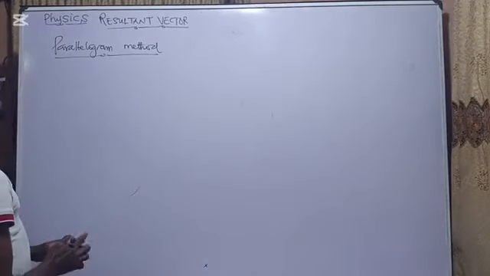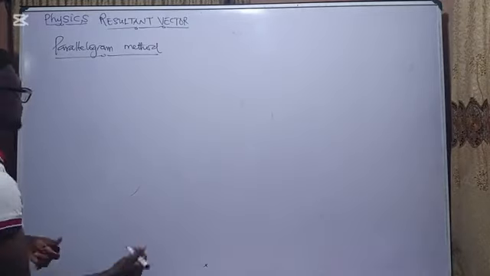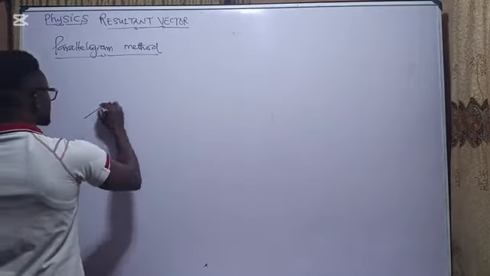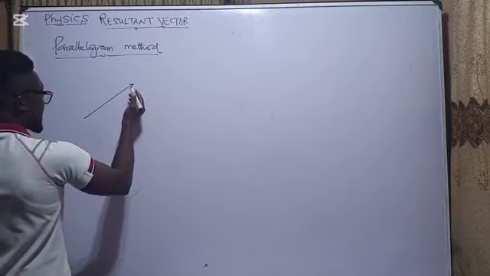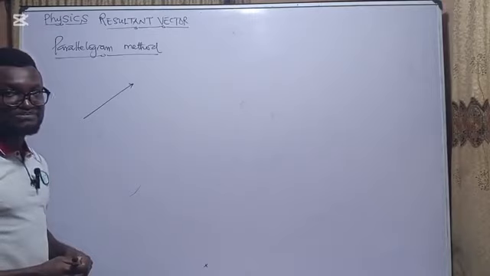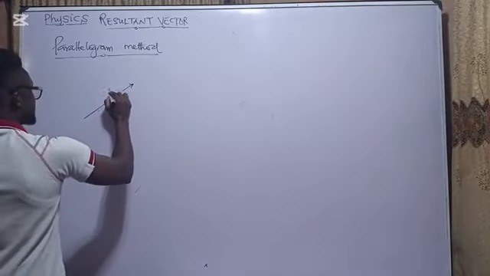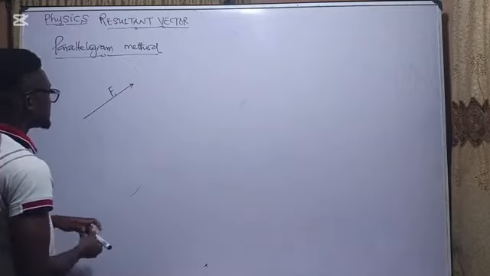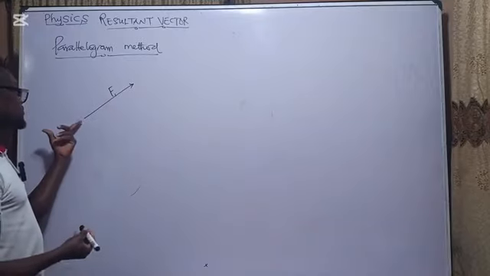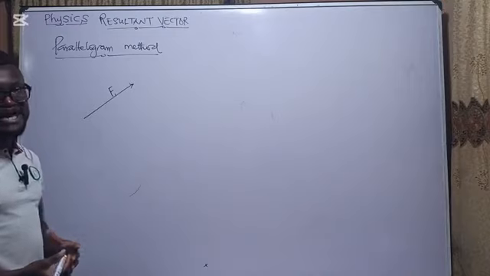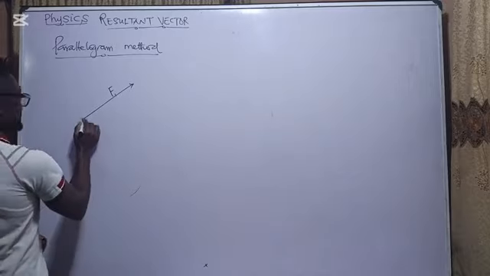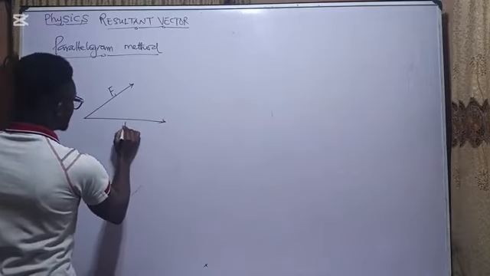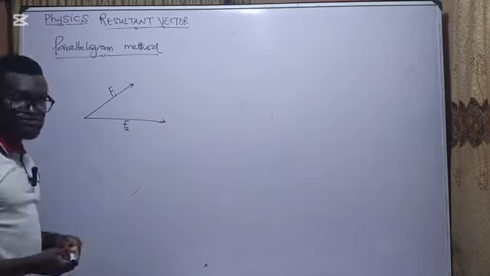Based on this parallelogram method, if you have two vectors, like I said, we are taking force as an example. Now we have a force. This is a vector because we normally use a directed line to represent a vector. Then we have another vector, F2.